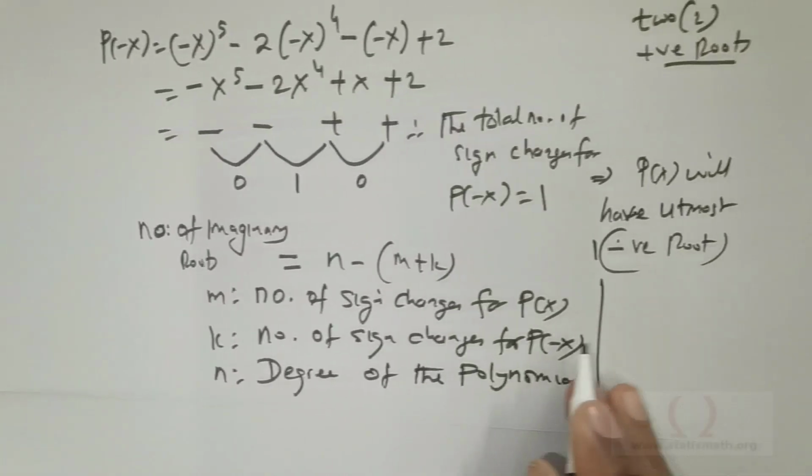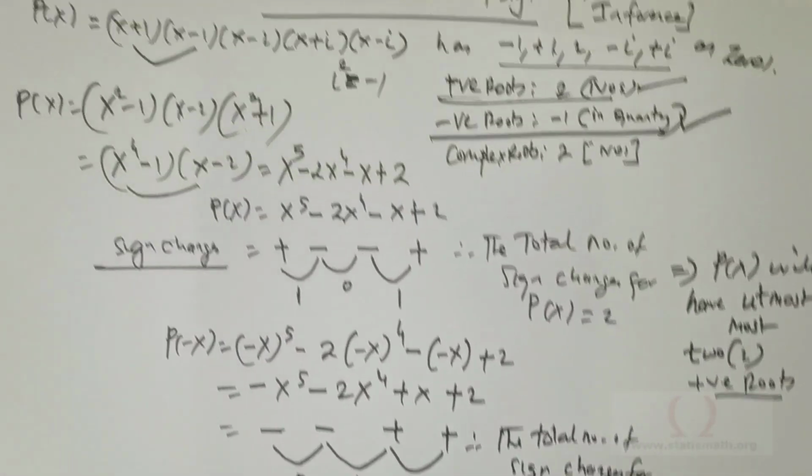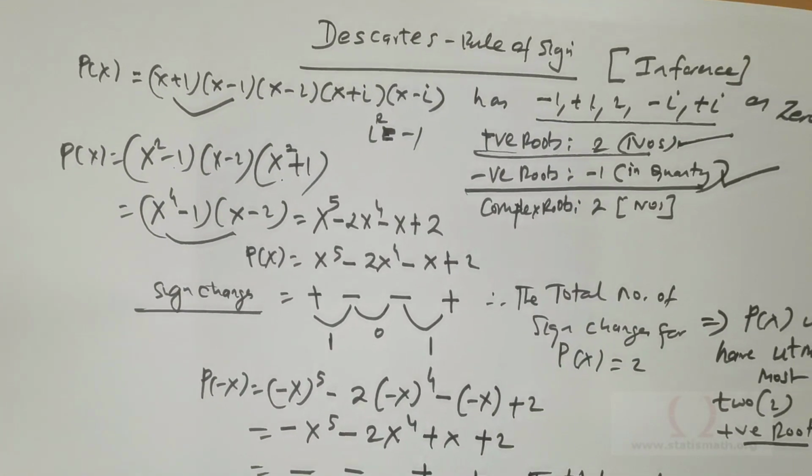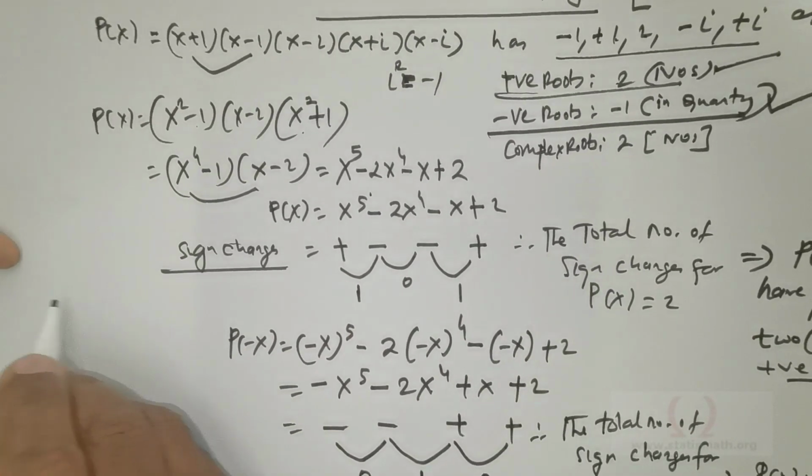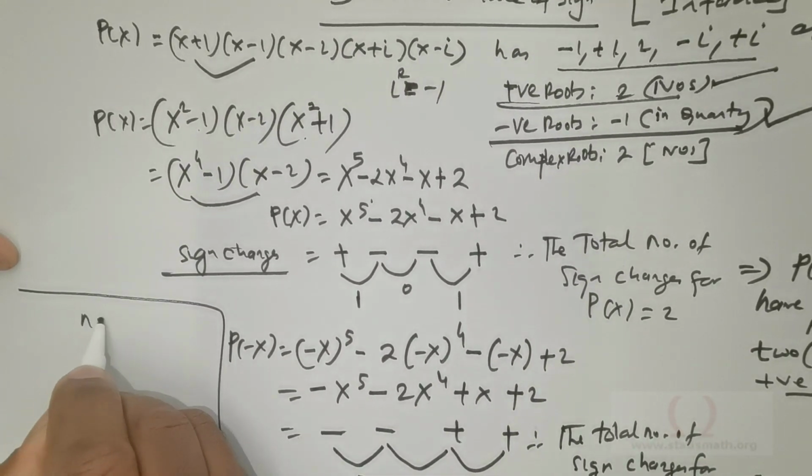The polynomial has a degree of 5. So let me write it down here: n = 5.